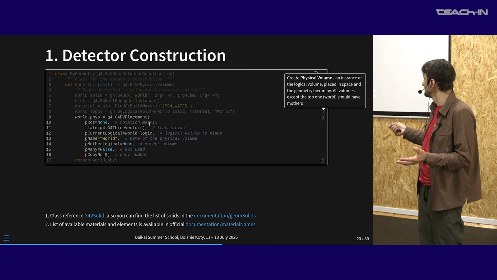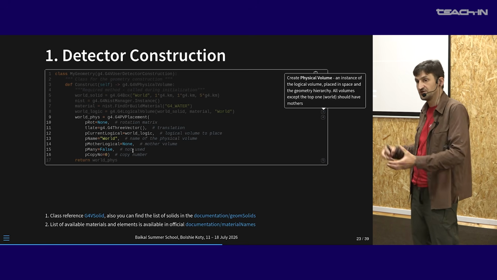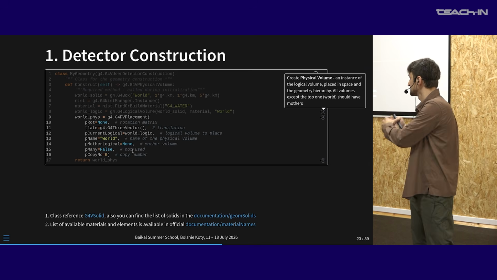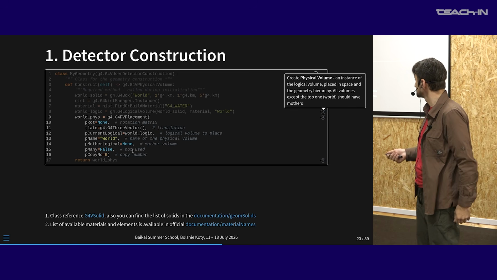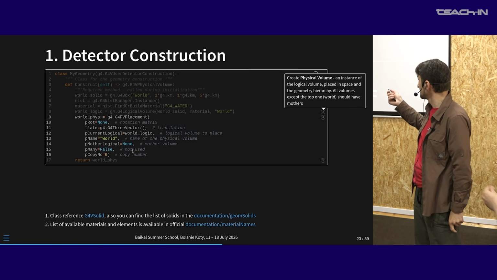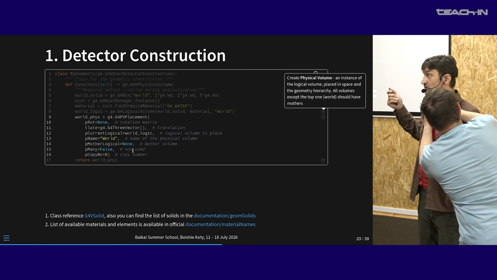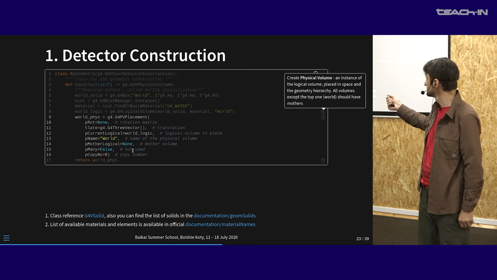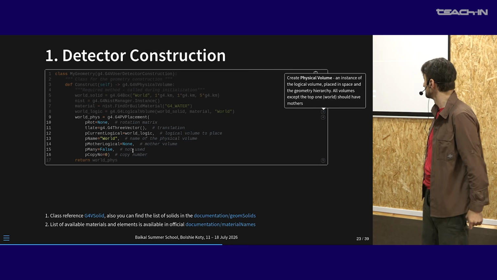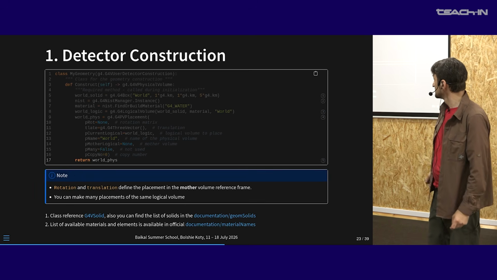We can define a mother logical volume if we want to make a nesting geometry hierarchy, etc. But for the world volume, we don't have any mother, so this is the topmost volume. Okay, and finally we return the physical volume.